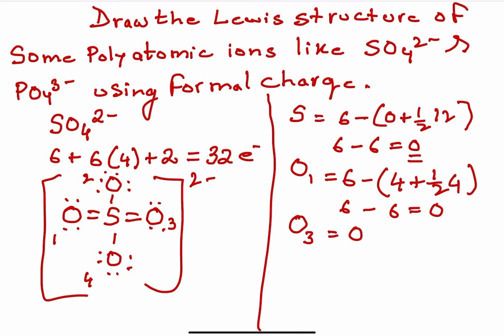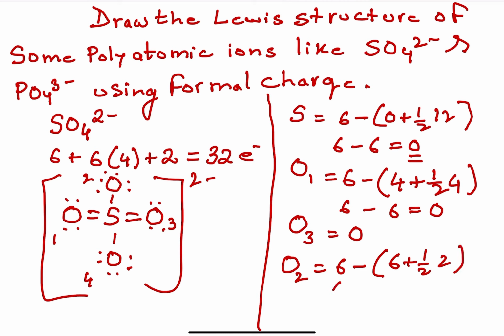Now let's take oxygen 2. The number of valence electrons is 6, minus the number of lone pair electrons. So 1, 2, 3, 4, 5, 6. 6 plus half the number of bonding electrons, so 1.